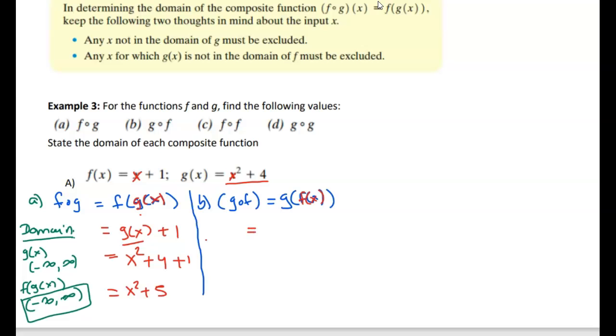Well, the x part gets replaced by f of x. So this is going to be f of x squared plus 4. And now we're going to put in what f of x is. x plus 1 squared plus 4. Okay? And you can expand it out. x squared plus 2x plus 1 plus 4, which is x squared plus 2x plus 5.